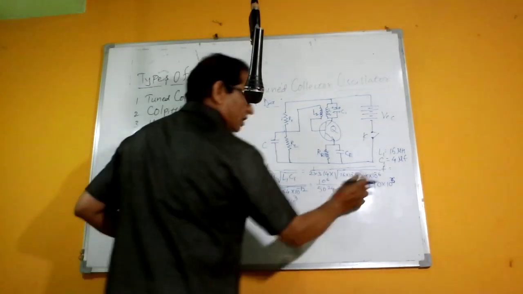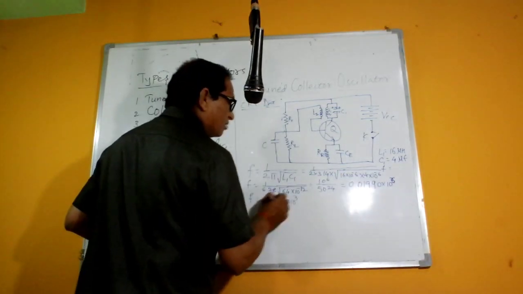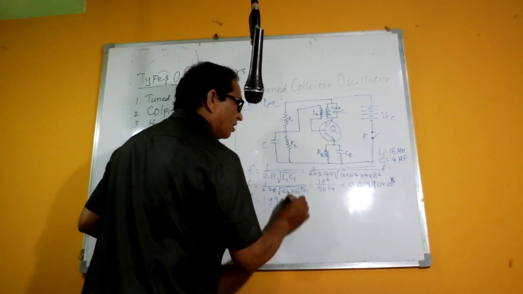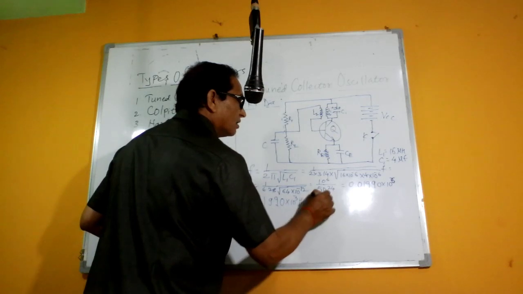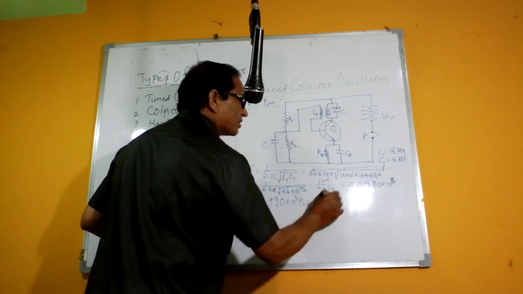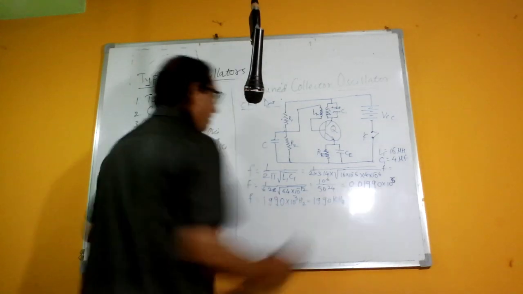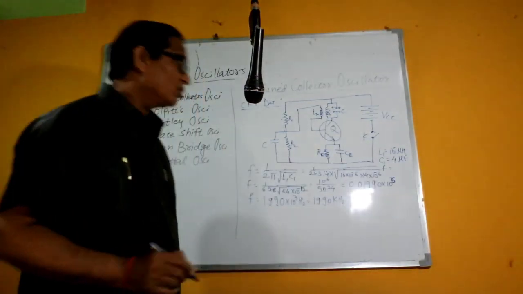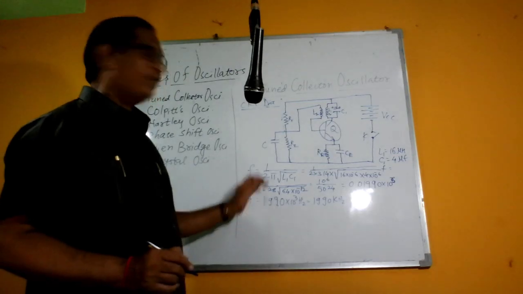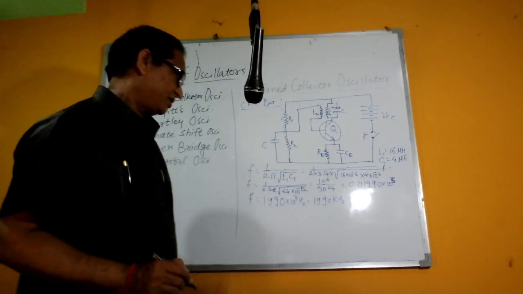Okay, so this point is to be shifted, so that this is 19.19 into 10 to the power of 3 hertz. So this will be 19.90 kilohertz, the frequency which is to be calculated for the values of L1 and C1. Depending upon the values of L1 and C1, the frequency of the oscillations is dependent.